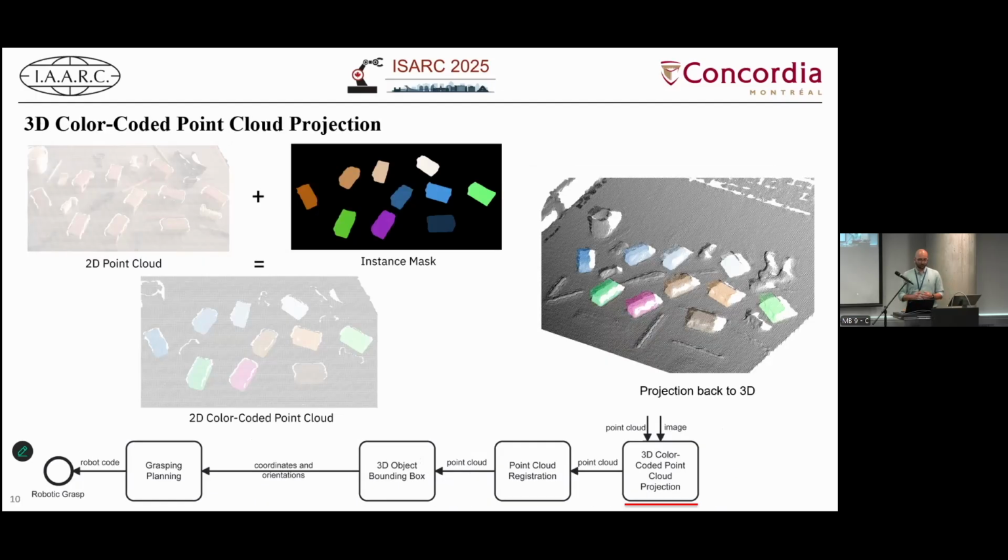Using those instance masks and the 2D point cloud, we combine the two to get a 2D colored point cloud, and we project it back to 3D to get a color-coded 3D point cloud.